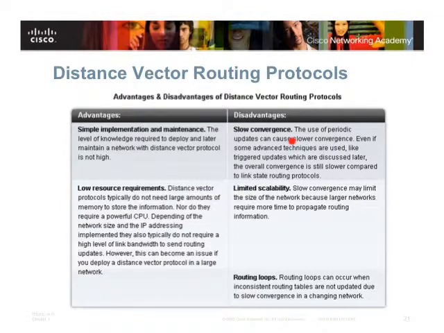Slow convergence. In terms of advantages, distance vector routing protocols in general are simpler to implement, and they require low resources. But on the downside, they require a huge amount of time to converge, again, in general, because we will talk about exceptions to this. Slow convergence because of the fact that we use periodic updates.